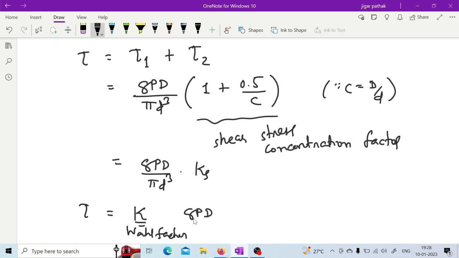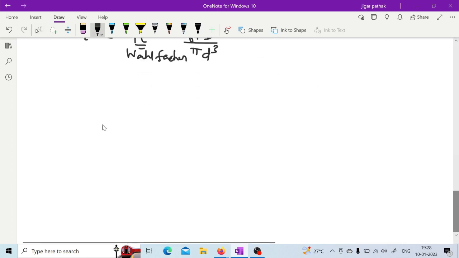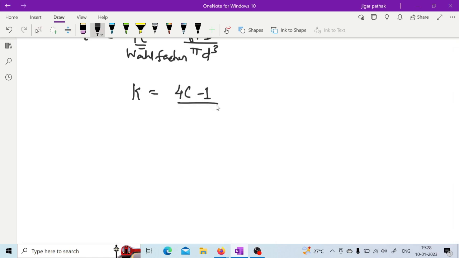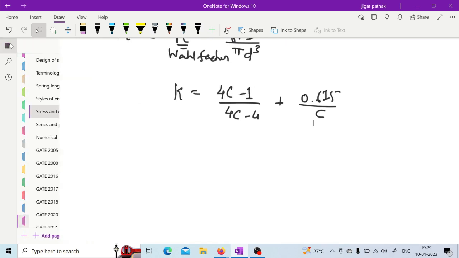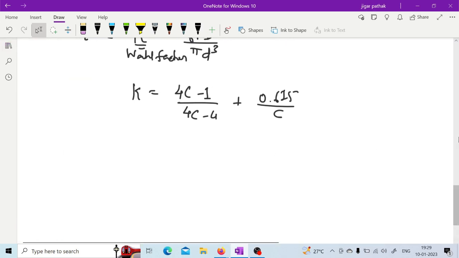So here also it is 8PD upon pi d cube. So what he has come up with is his constant K can be represented with this (4C minus 1) upon (4C minus 4) plus 0.615 upon C. So this is how you are having this particular shear stress acting in case of a spring.